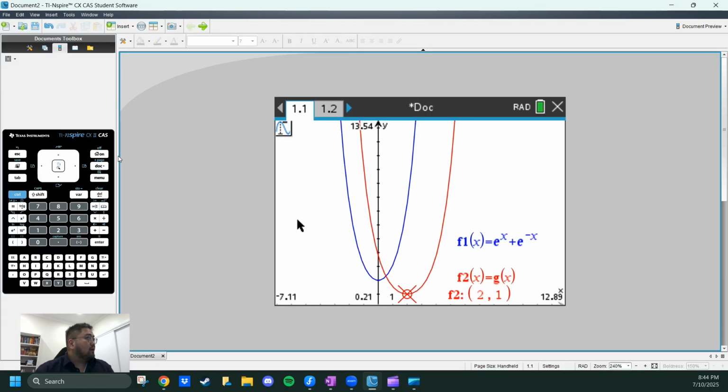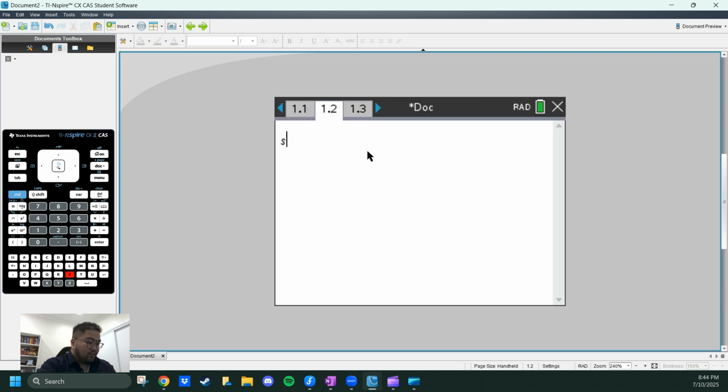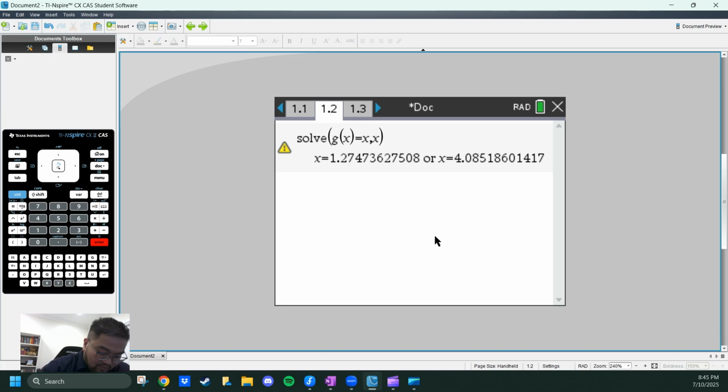So if we put this into a CAS page, we want to solve where g of x equals x, comma, x. And in this case, okay, we get the points 1.27 and 4.08.